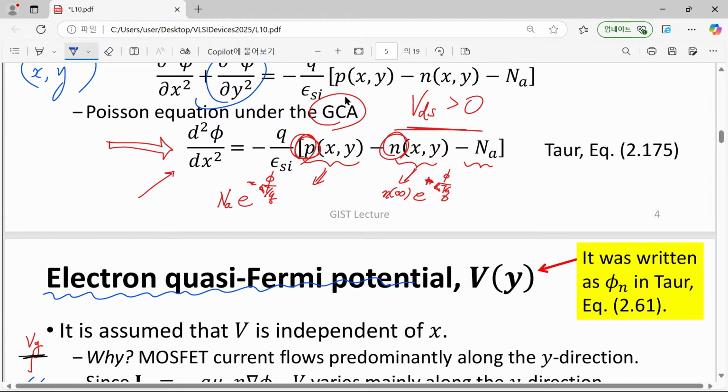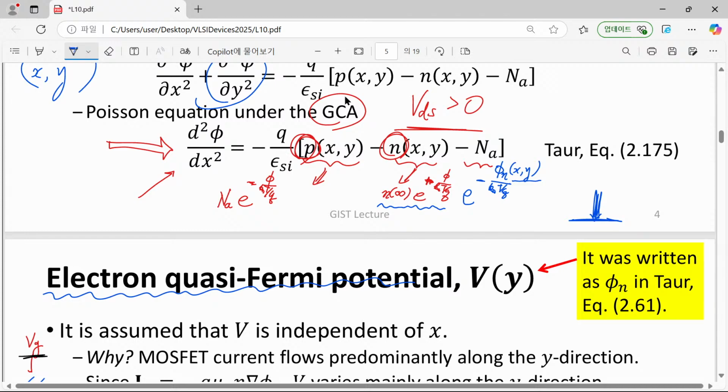Then what we can say is that the electron density is simply given by this previous form, n equals n_i exponential of minus phi_n over k_B T over q. Wow, we can do it. And this is still treated as a function of x and y in general. That is the situation up to now.